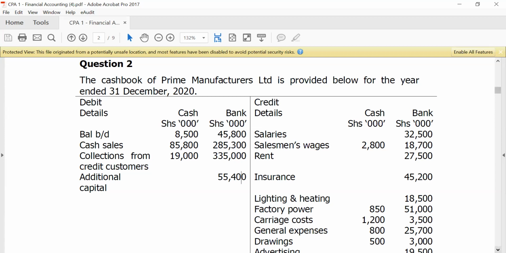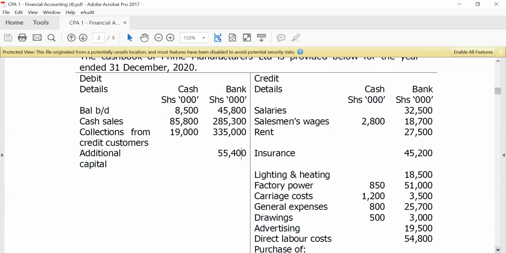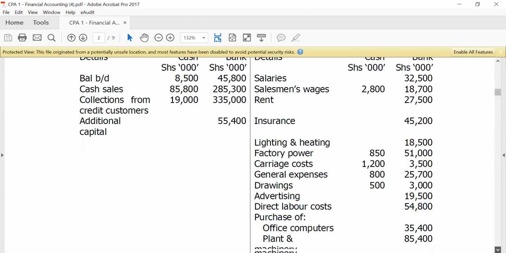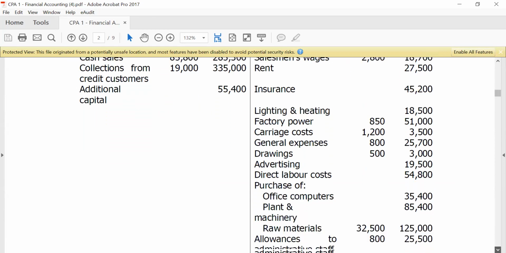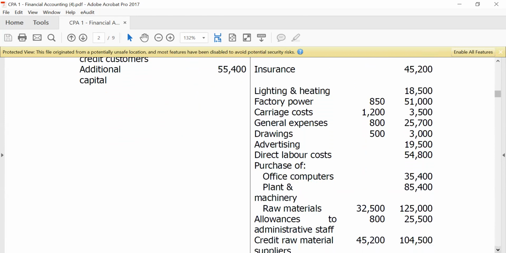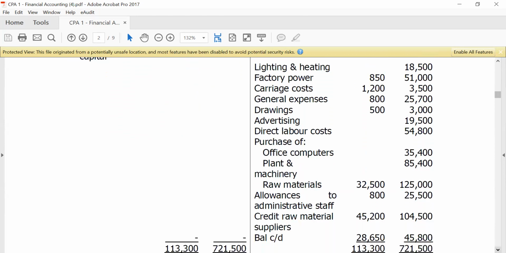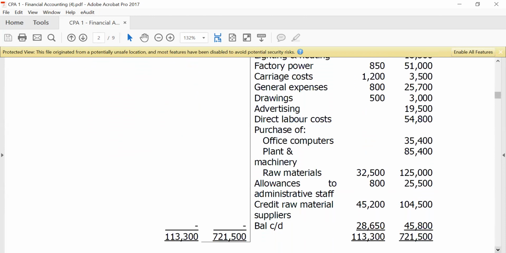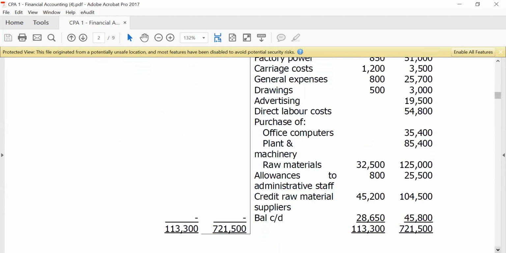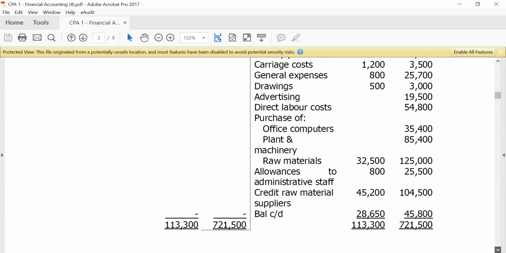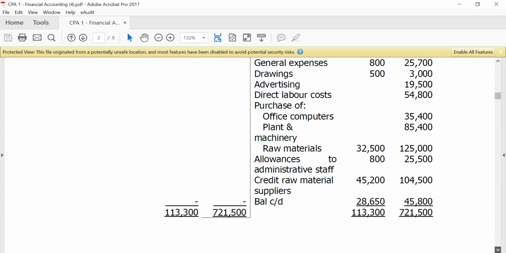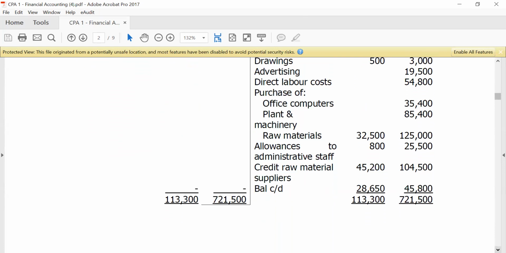As you can see, some of them are split between cash and bank, some of them are just cash. We have advertising, direct labor costs, purchase of office computers, plant and machinery, raw materials, allowance to administrative staff, credit raw materials suppliers, etc. And then we have our balances.